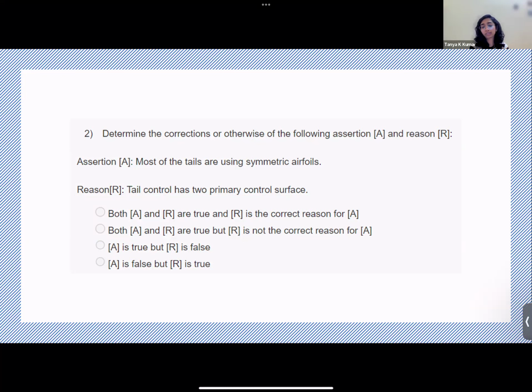Stability. If I have a cambered airfoil, what would it cost for the stability? The tail is put in place for stability. Why should we choose symmetric?